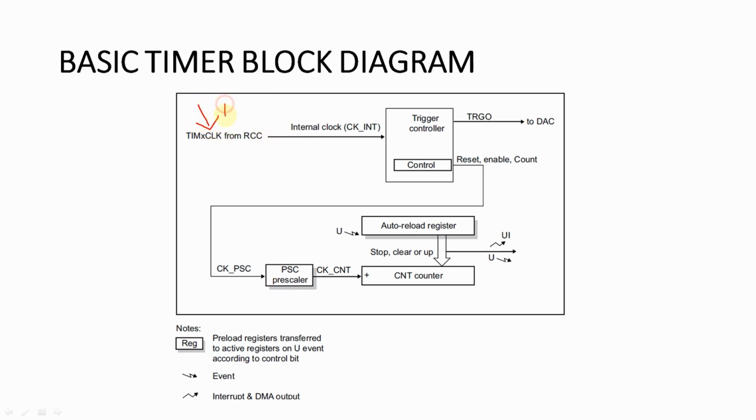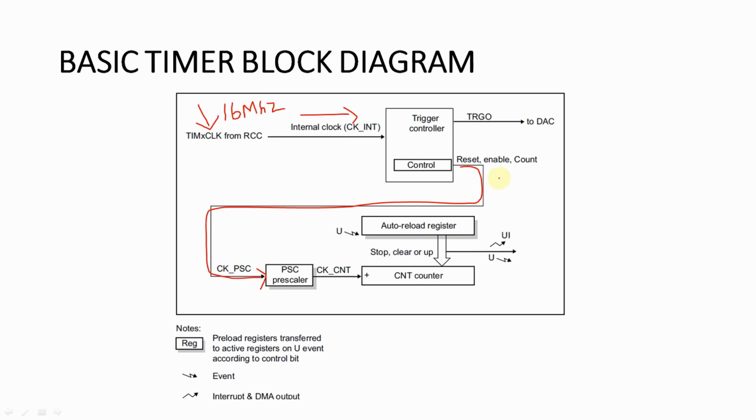Let's take the timer clock here to be 16 megahertz from the RCC, which is fed to the timer trigger, and from here the control moves to a block called the prescaler. This prescaler is nothing but a number which will divide the timer clock further, which is derived from the RCC peripheral of the microcontroller.